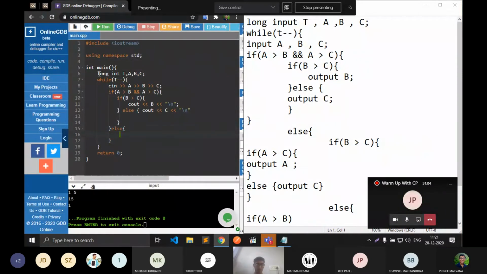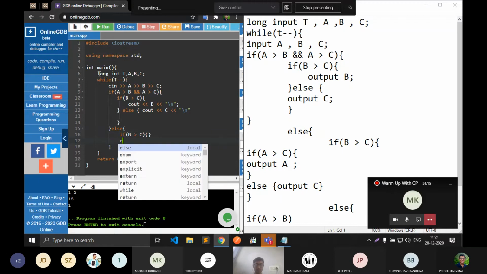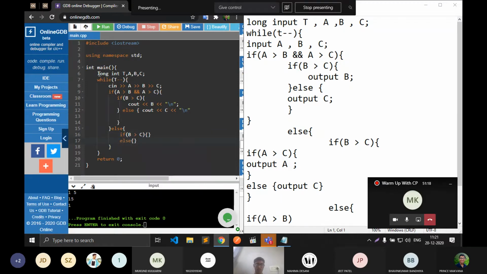Otherwise we have to check: if b is more than c, it means b is first. So who is second? If b is first, check if a is more than c.